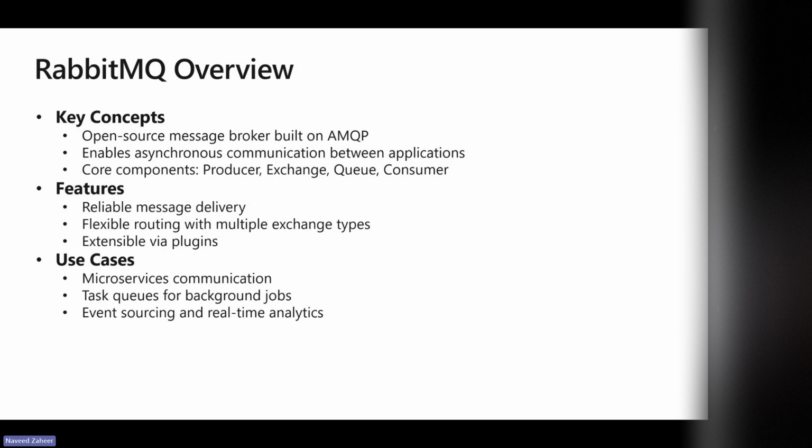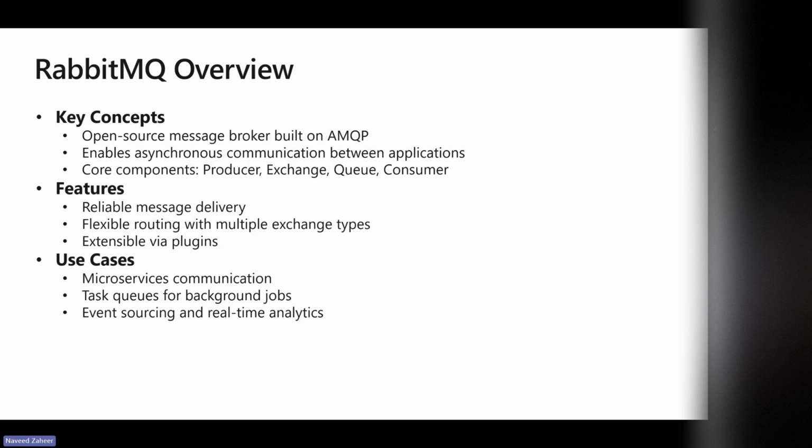Basically, we're going to do a quick feature overview of each feature that we're going to talk about, and then we're going to do a demo. Though an in-depth overview of RabbitMQ is out of the scope of this discussion, I just want to mention that RabbitMQ is a very popular open source message broker built on AMQP.